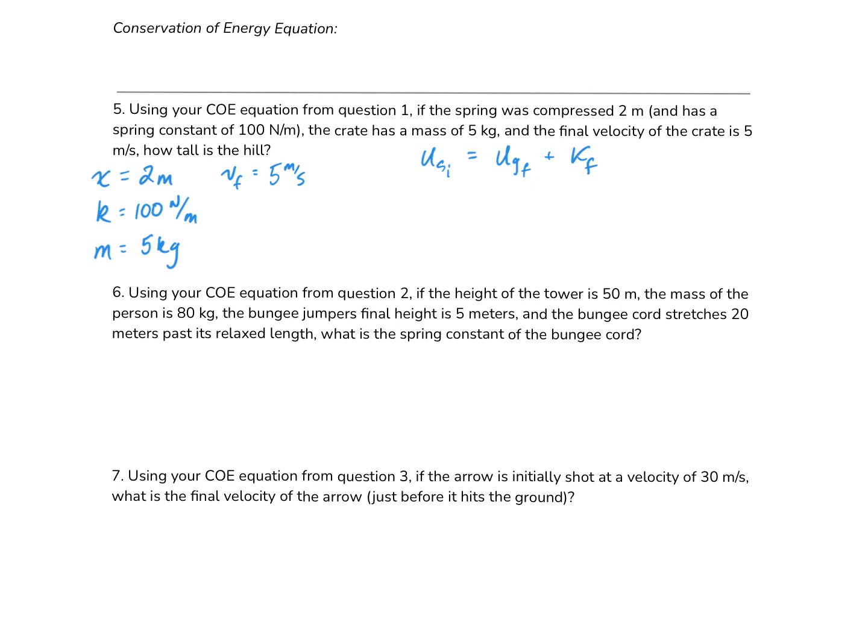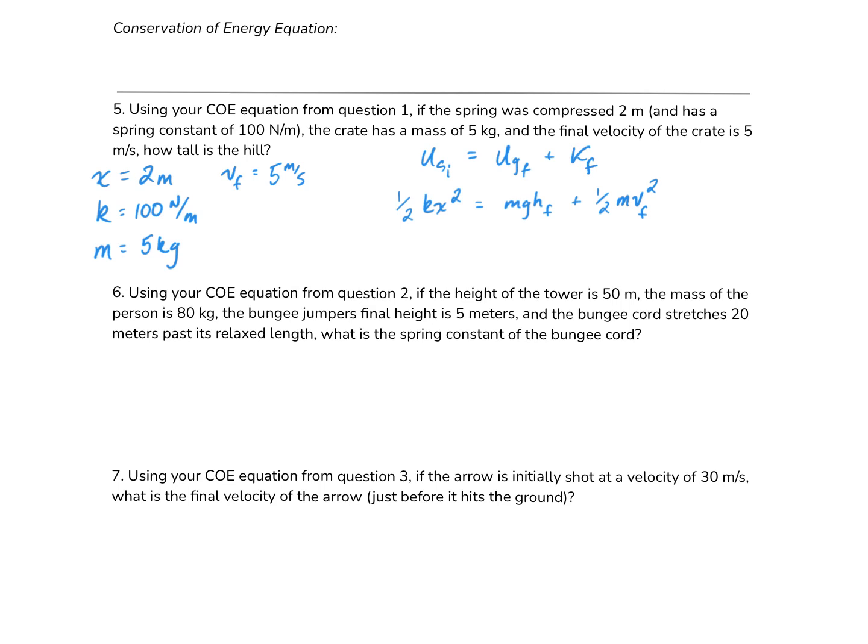Now I can plug in my individual expressions for those energy accounts. So initially I would have 1/2 kx squared, and then that's going to equal mgh final plus 1/2 mv squared final.